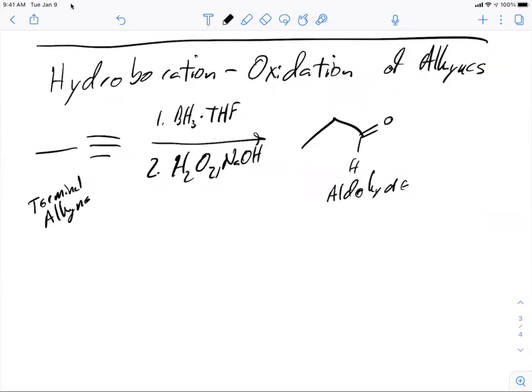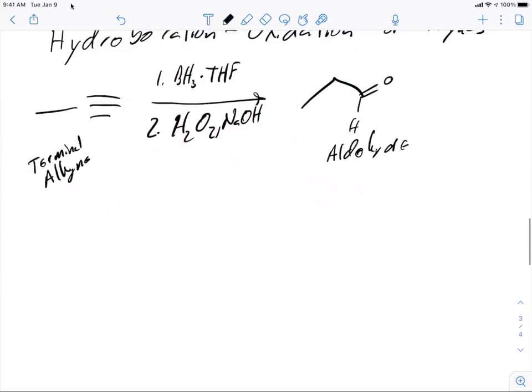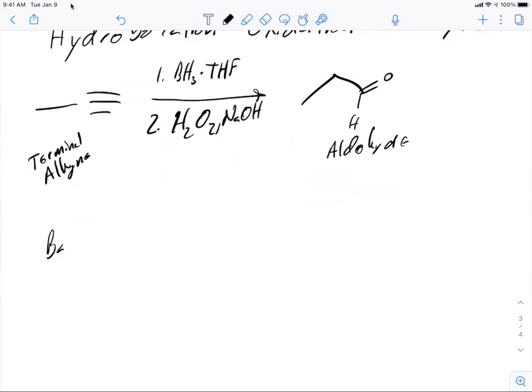We're not going to go through the full mechanism, but notice here that our reagents are base now. So we're ending up with the aldehyde. The addition of the alcohol is actually going to form the enol first, but then it's going to need to tautomerize to the aldehyde. So the tautomerization in this case can't be acid catalyzed. It's going to have to be base promoted. Okay, so base or base catalyzed.